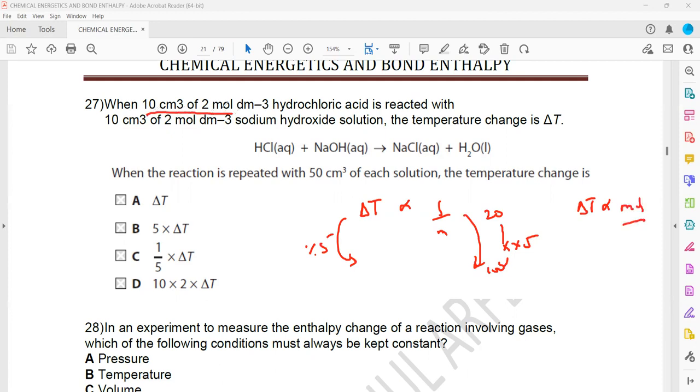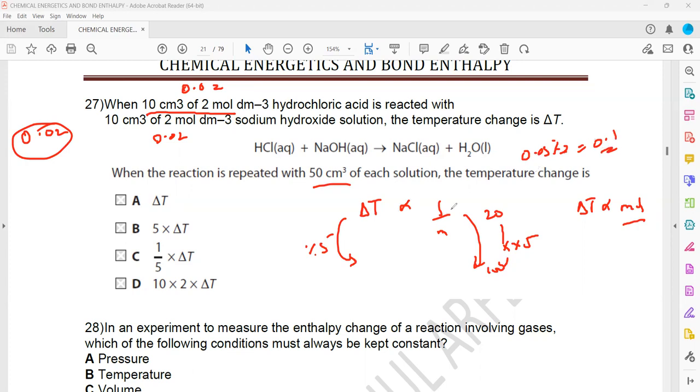When you work out the moles here, this will be 10 divided by 1000, so 0.01 times 2. So this will be 0.02 and this also 0.02. So total moles are 0.04, but we need the moles of each reactant, because we don't need the total, we need one of them, as both of them are limiting, so we can take any one of them. So originally moles are 0.02, but when we took 50 cm cube of the same concentration, it will be 0.05 multiplied by 2, which is equal to 0.1, because multiplied by 5.